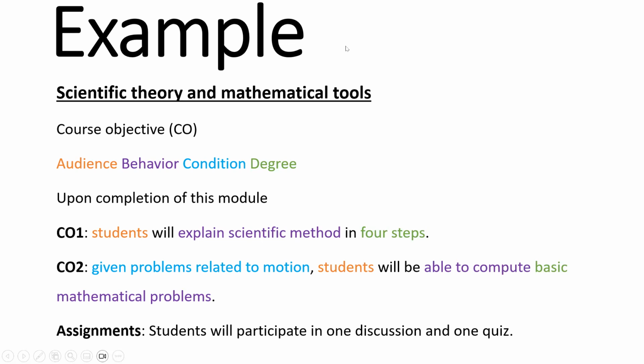If you are an educator and you haven't written down course objectives, you must write down course objectives, course outcomes, so that by the end of the semester, by the end of the course, you can gauge whether your students are getting what you wanted them to get or not.